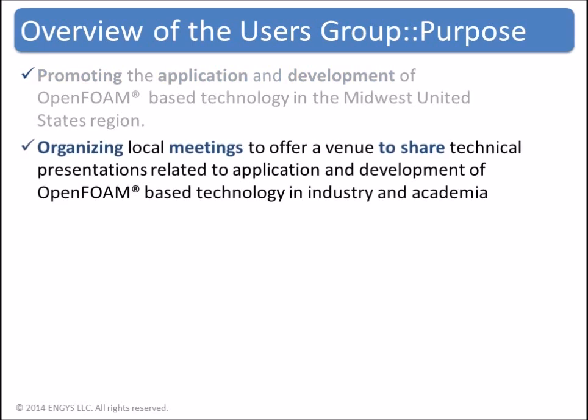We also would like to organize local meetings and offer a venue that is within driving distance of each other, and then be able to share technical presentations related to OpenFOAM.